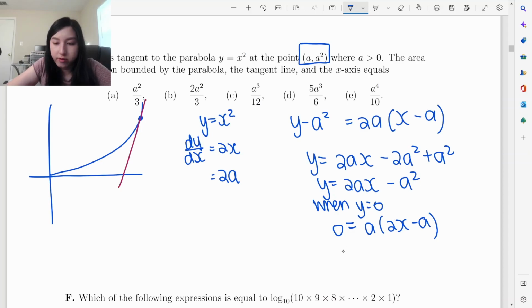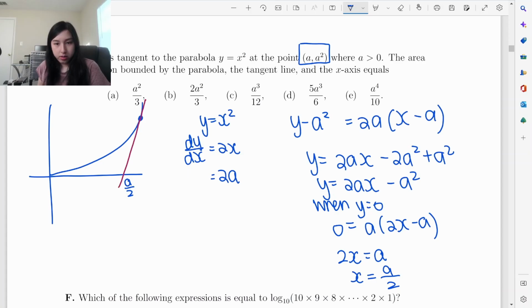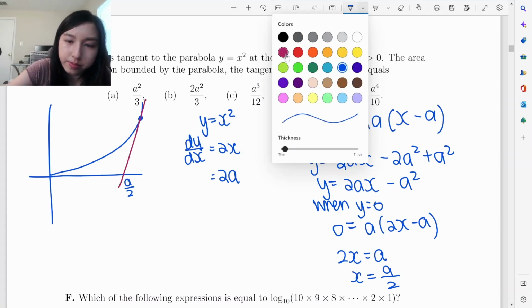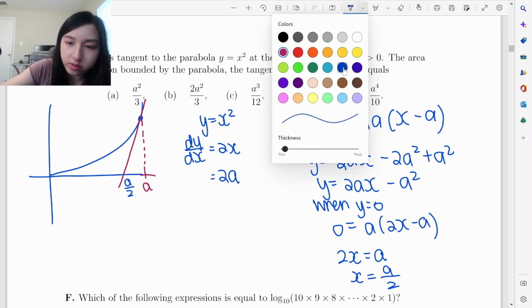Okay, so we have 2x equals a, x is just a half. Alright, this point is a over 2. That's a start, and this point over here is a. Okay, we have that so far.